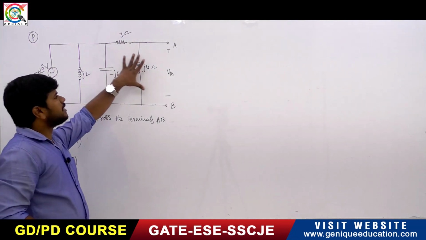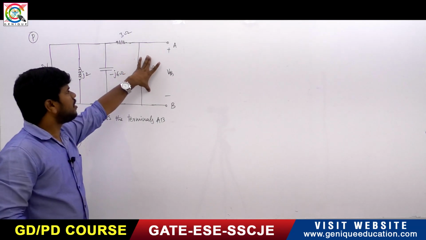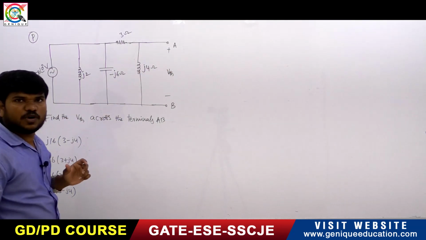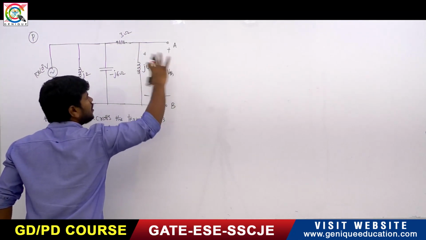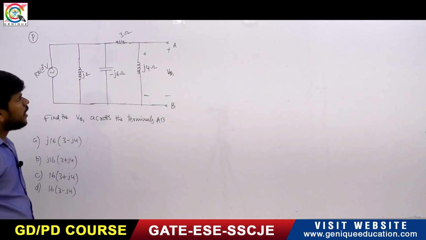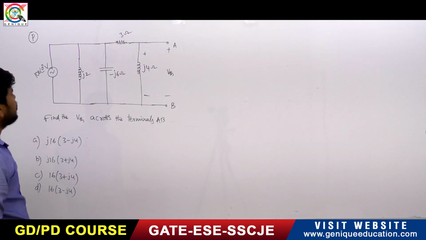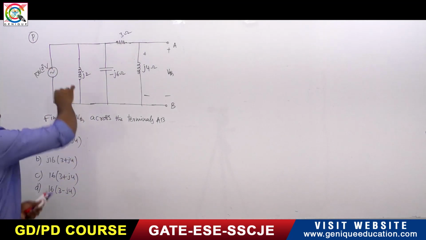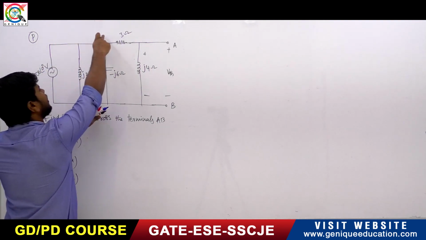To find the open circuit voltage means the voltage is across the what? J4 ohms only. If you can find the voltage across this, that will be the VTH. So if you observe this figure, 100 volts is connected across this and across this.